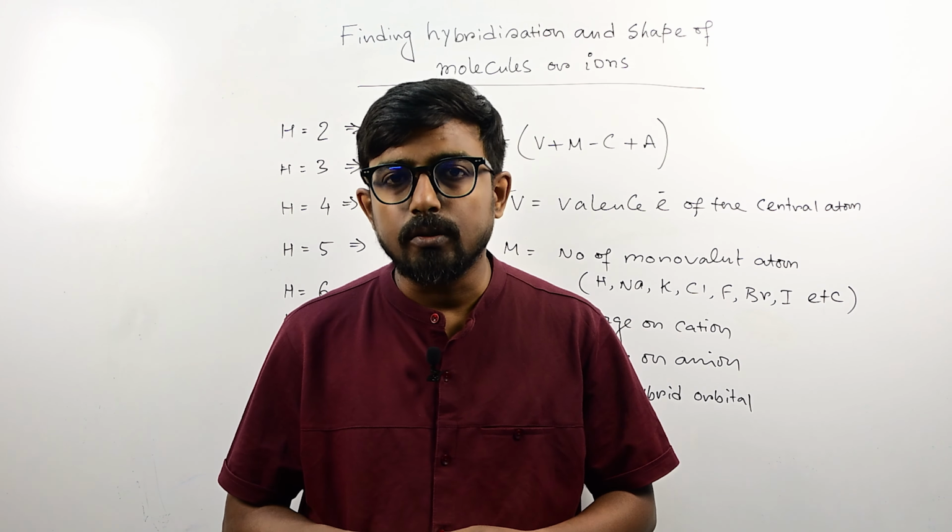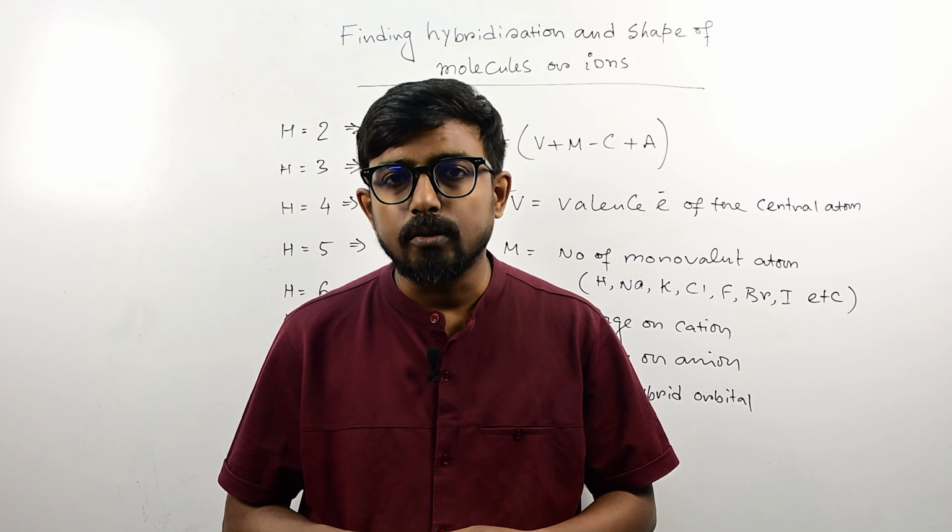So it is 2, 8, 7, so H will be half, that is 7. There is no monovalent atom, and the charge is -1, so you have to add this charge. If it is minus, we write it as plus. If it is plus, then we write it as minus. So the value of H equals 4.